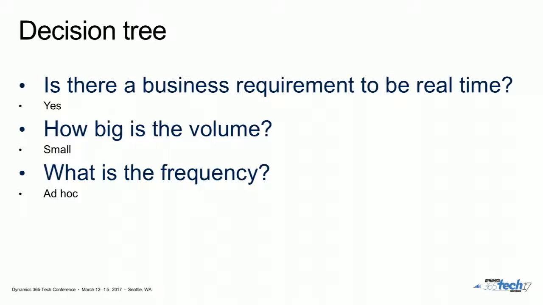They said the volume is relatively low because they are in a specialty business. I think the volume was like 100 sales orders per hour or less than that. And the frequency is ad hoc, so it depends. Since the volume was very low, we said, okay, we can go ahead and implement the real-time OData pattern.